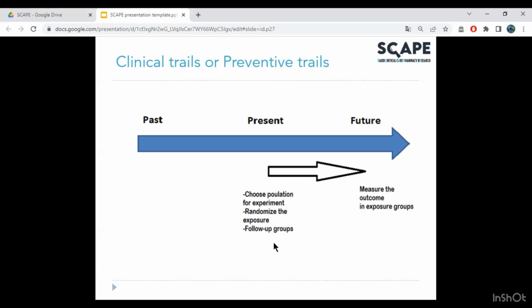And the researcher then assigns the exposure. So he gives the experimental group the new medication, for example, while he gives the control group the standard of care or the placebo.